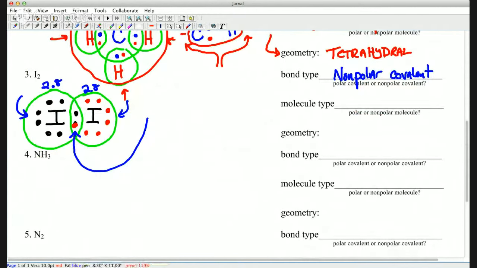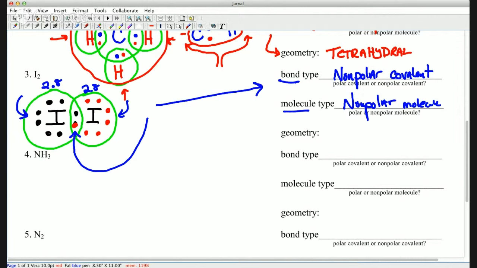So the molecule is nonpolar. I don't think I have to do the 3-dimensional structure. And again, you better understand the difference between the bond and the molecule.